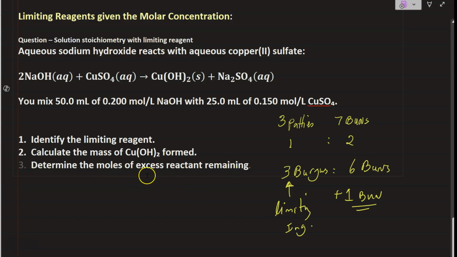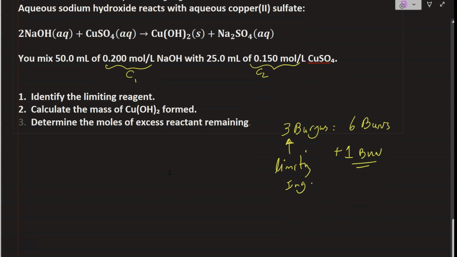Very good. Now, to have all of this information, we have the molarity, which in this case is the C1, this is the C2. That means the molarity is given to us. Now we're just going to use the molar concentration formula to come up with the number of moles. Remember, C, molar concentration, was the number of moles divided by the volume.